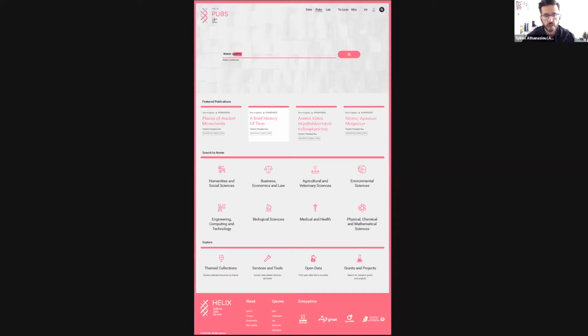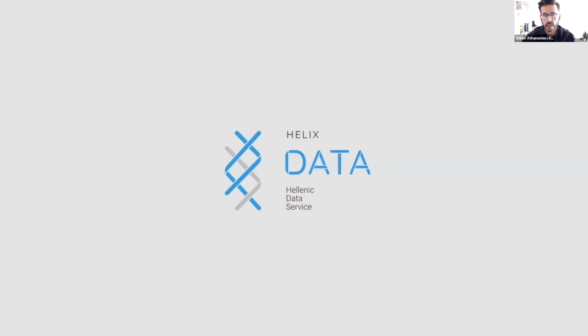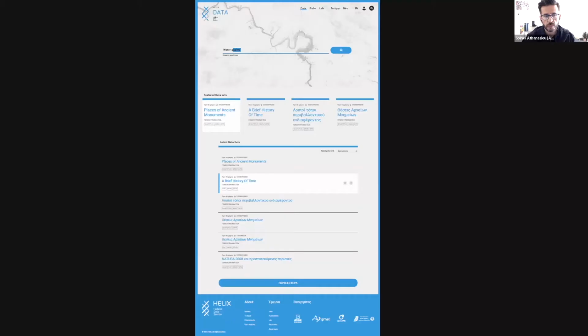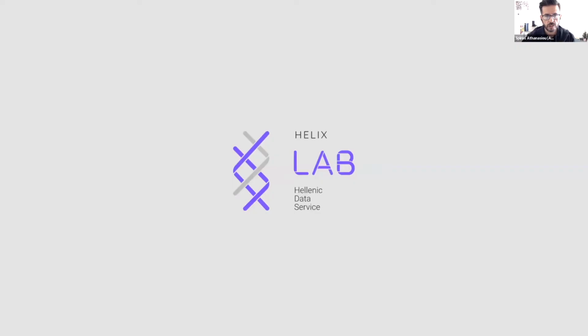So this is how a user can search for publications, organize them, see metadata, download them, etc. Helix data, same view. The user can view, find, and use open scientific data. Again, pretty basic stuff as you'd find in any data catalog and repository, with the metadata, with embargo periods, with access by request, collection of resources.